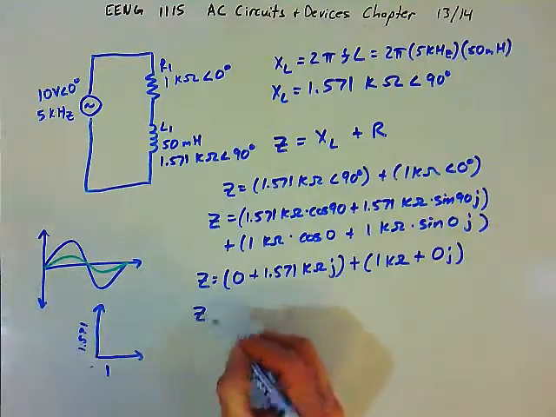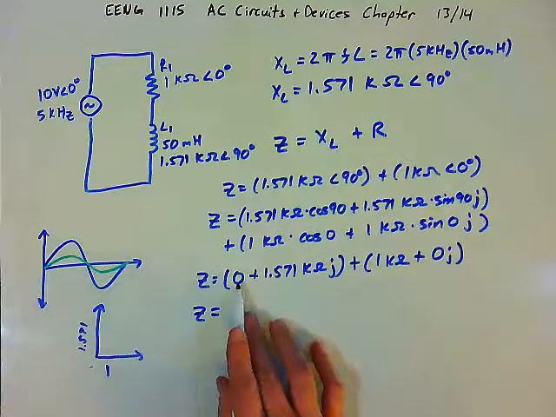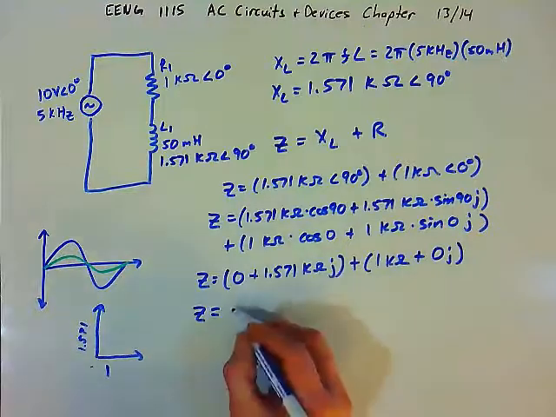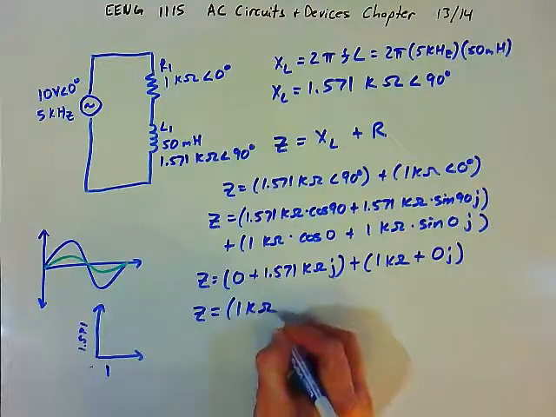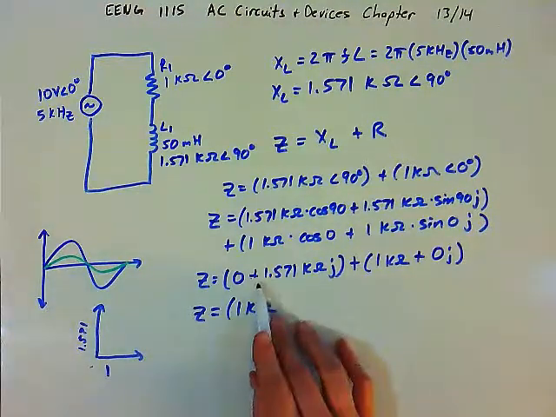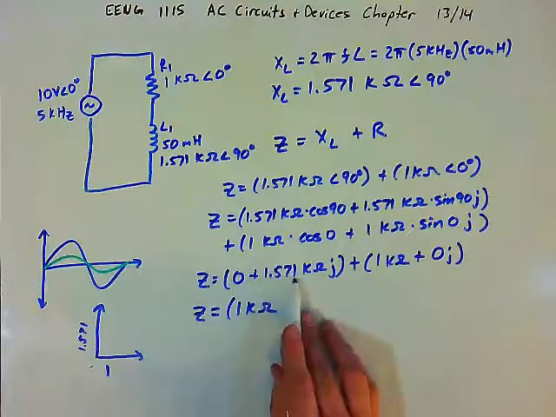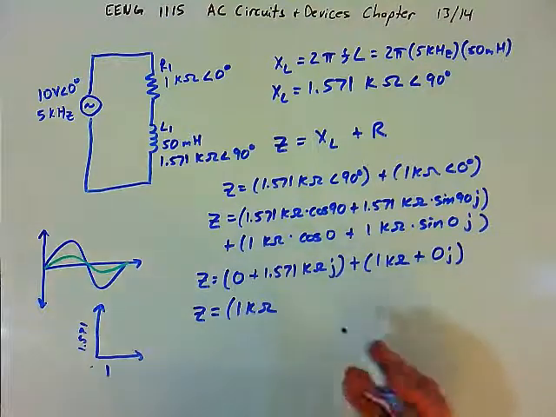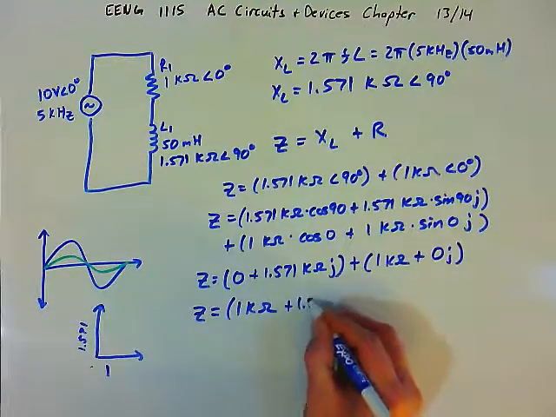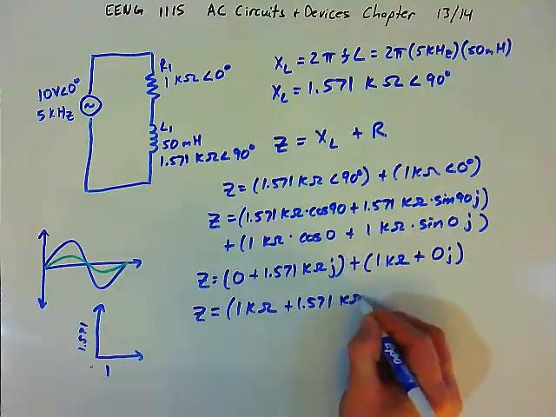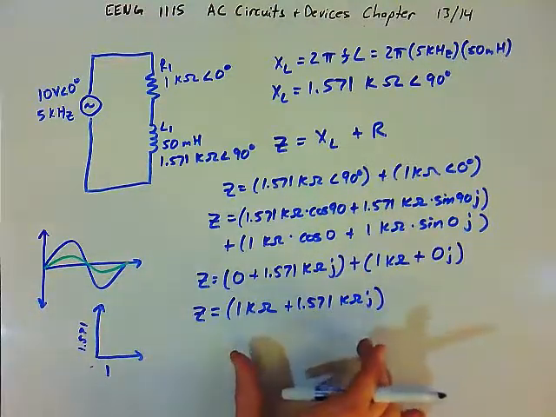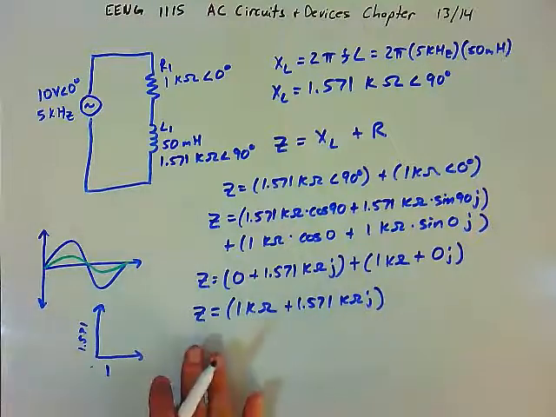And so when I add these two vectors together, I'm adding the x components together, 0 plus 1 kilo ohm, which is 1 kilo ohm. Then I add the y components together, 1.571 kilo ohms J plus 0 J, which is just 1.571 kilo ohms J. So this is the vector that represents the impedance.